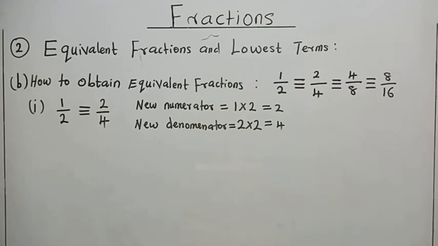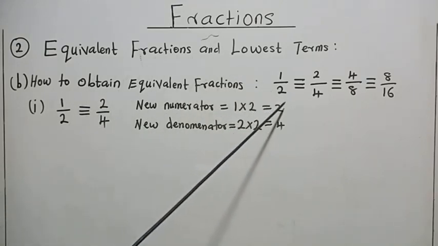After testing, I realized that this 1 turned to 2 not by addition, not by subtraction, but by multiplication. I observed that this new numerator can be gotten by saying this former 1 times 2. That gives us this 2, which is here.